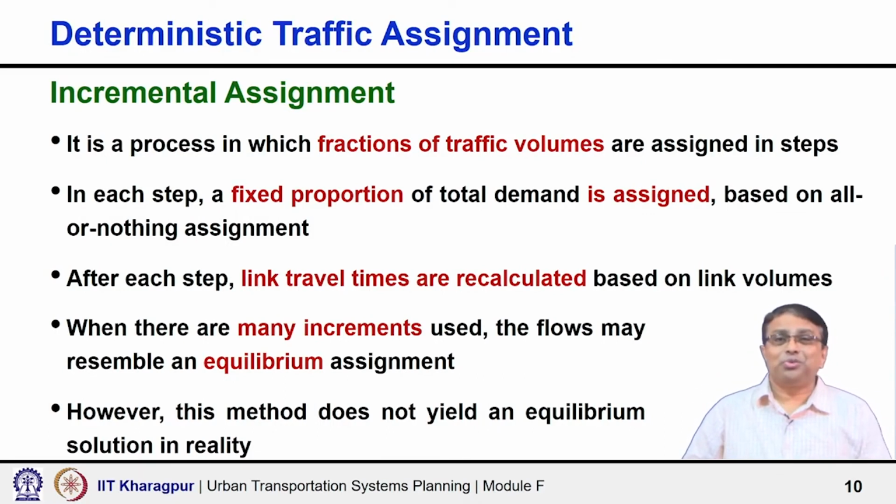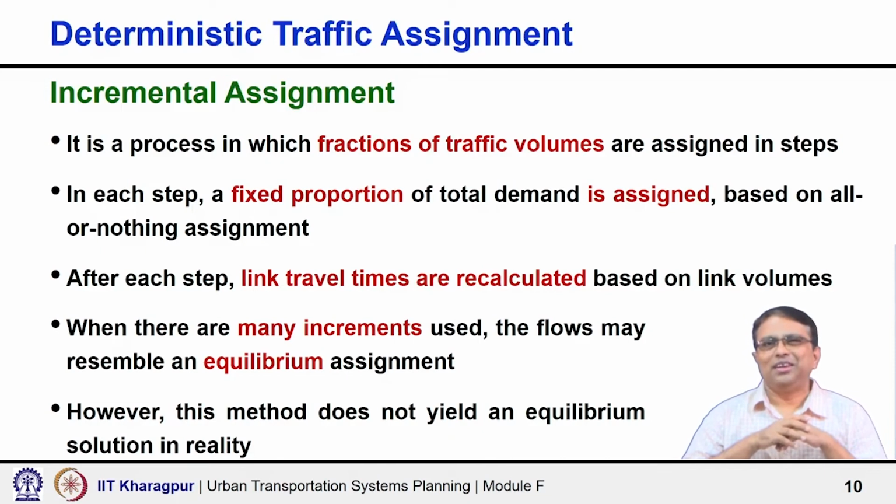But even that, for a large network with all OD pairs, will not guarantee that after the last incremental loading, your travel time on all alternative paths for a particular origin and destination will still be equal.